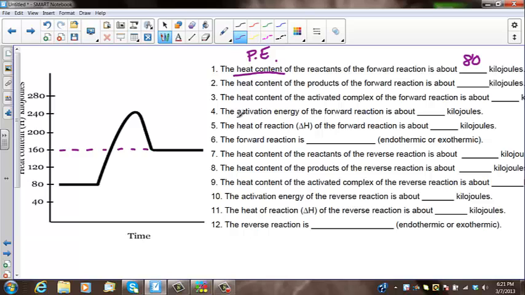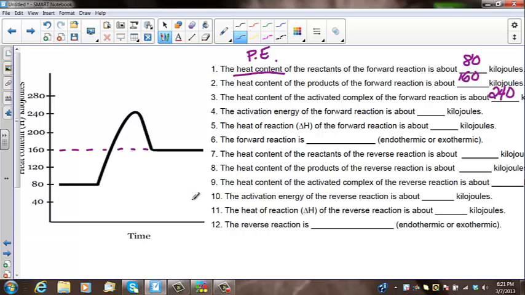You can see that's about 160. The heat content of the activated complex. So I'm going from the reaction coordinate all the way to the top and over. That's about 240.